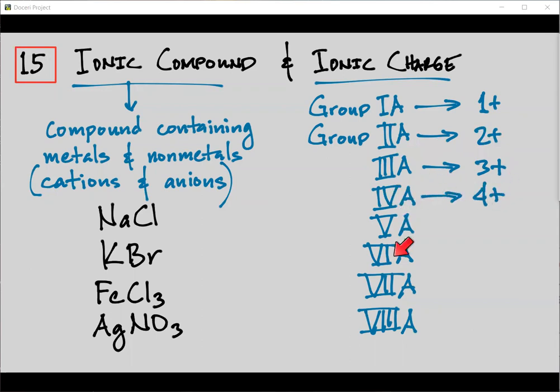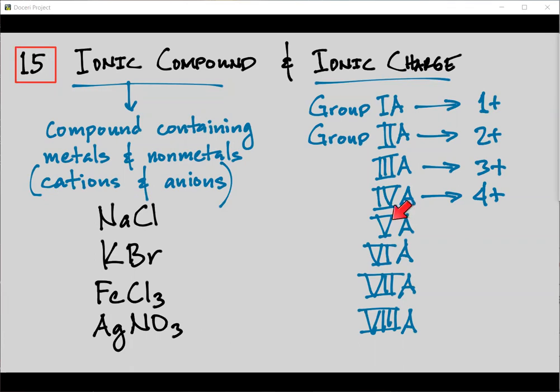But once you get into the non-metals, so these elements in groups 5, 6, 7, and 8, these are all, mostly, non-metals. And so non-metals tend to gain electrons, and so they would gain a negative charge.